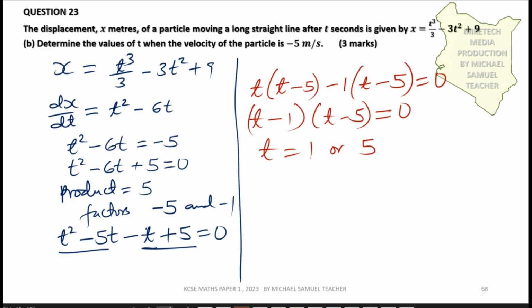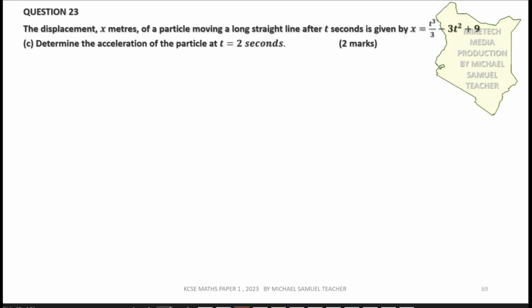And then lastly, part C of that question 23: determine the acceleration of the particle at t is equal to 2 seconds. Acceleration of the particle, we have to differentiate velocity. So remember, acceleration is given by dv/dt.